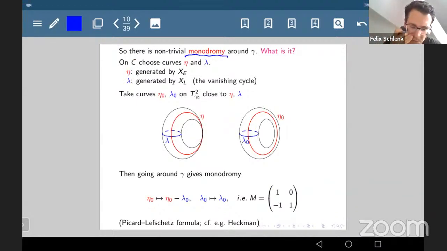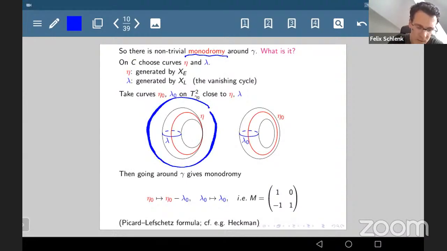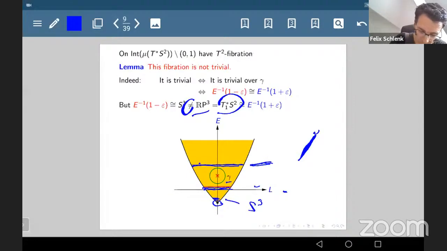So I have to choose a basis, and there are canonical bases. So let's take the torus, the pinched one. To compute monodromy, these tori are a priori not in the business. I take a torus here, a torus here, a torus here, a torus here, and I go around and I look at how a basis chosen here, this is my point gamma of 0, will come back.